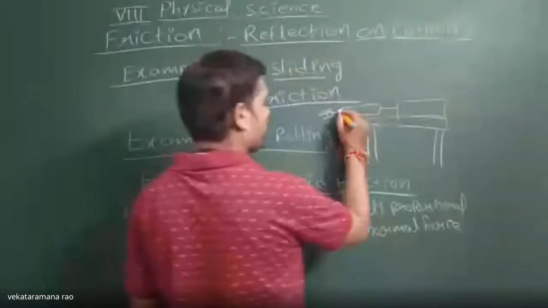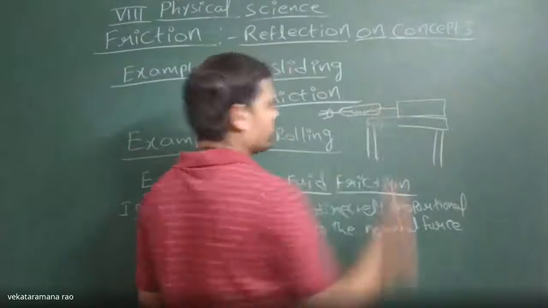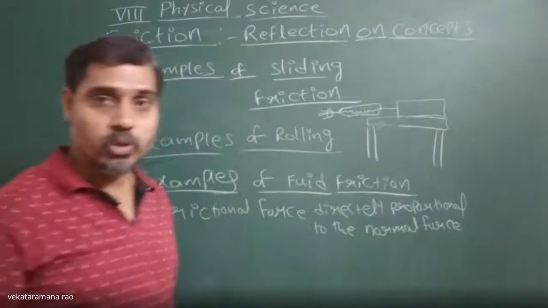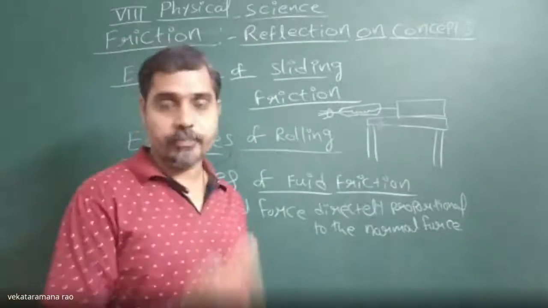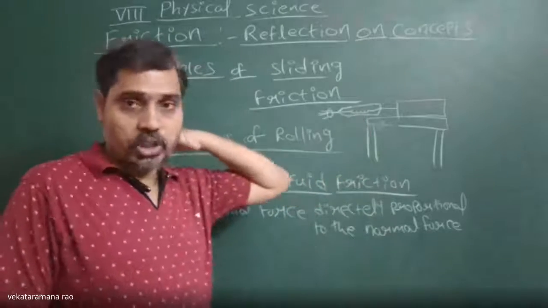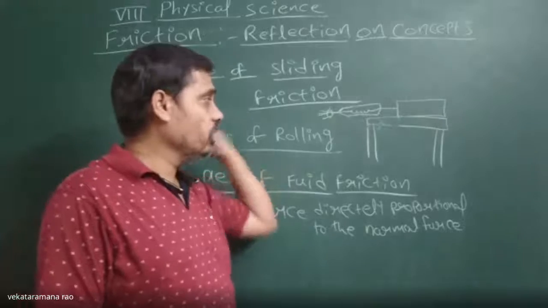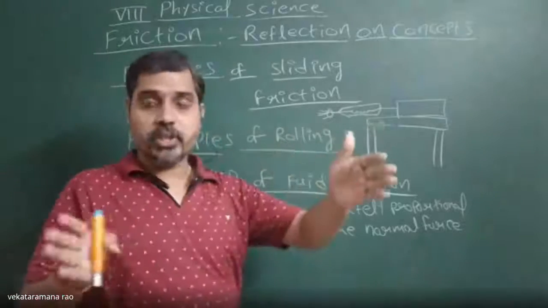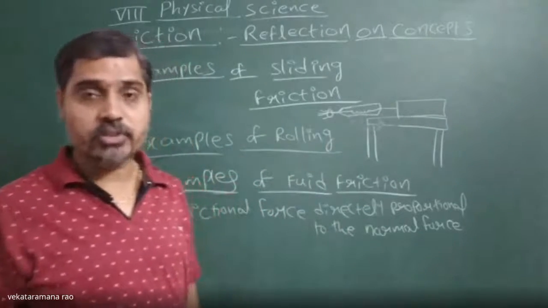Inside it there is a spring, and the stretching of the spring is directly proportional to the force applied by us. Now we pull this wooden block, and how much the spring stretches tells us how much frictional force is offered by the block.